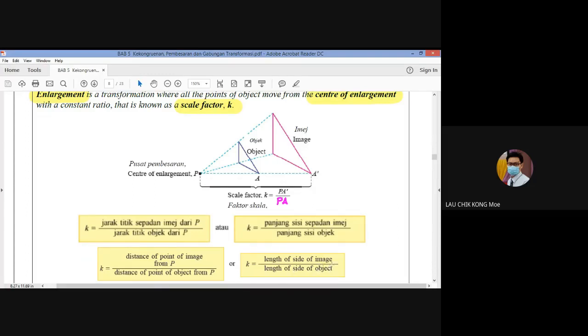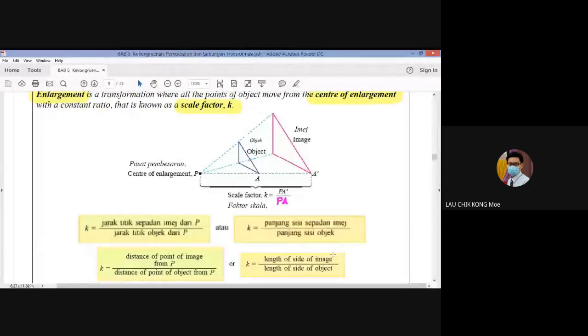So maybe we can remember like this. Scale factor K equals to image divided by object, I over O. Image bahagi object. Kita ambil mana-mana satu sisi yang sepadan.